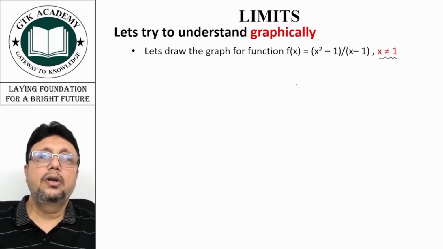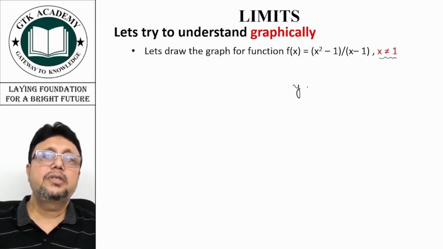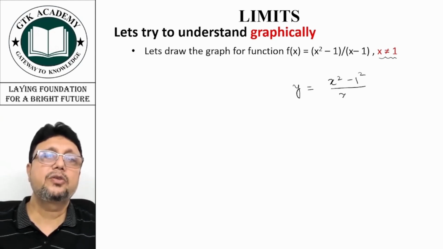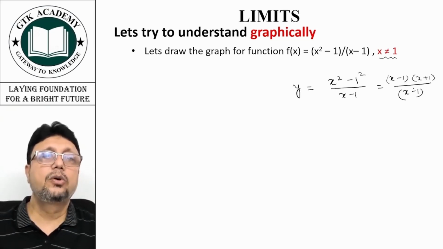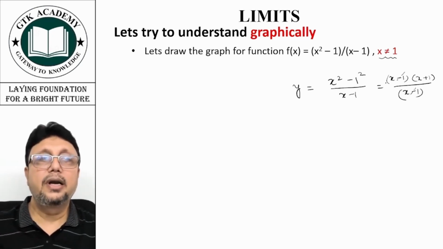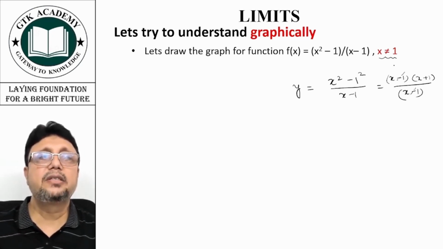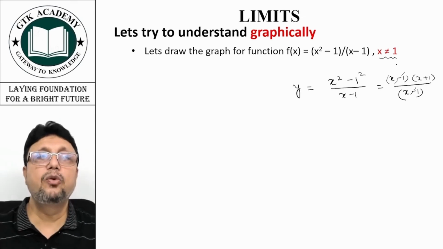So now if you just see this function, this is x square minus 1, you can write 1 square upon x minus 1. So it comes to x minus 1 into x plus 1 upon x minus 1. So this will get cancelled. But this can only be cancelled if x minus 1 has some value.